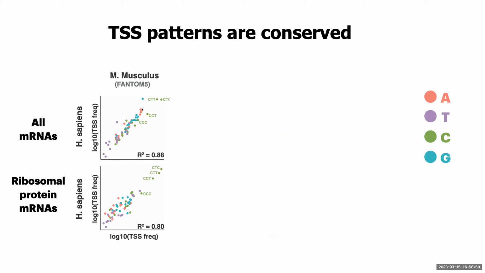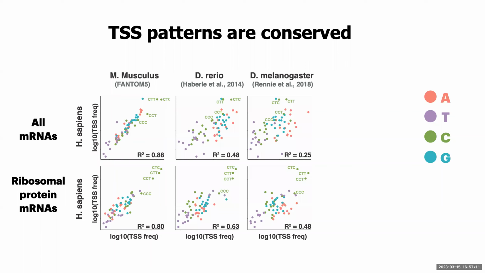And what you can see is that those 4 +1C sequences are really preferentially used. If you look at ribosomal protein mRNAs, which I told you previously like to use TCT promoter motifs and also CoRe-related TOP motifs, these are really the top used TSS sequences. And if you look at zebrafish and Drosophila, you see those patterns recapitulated.